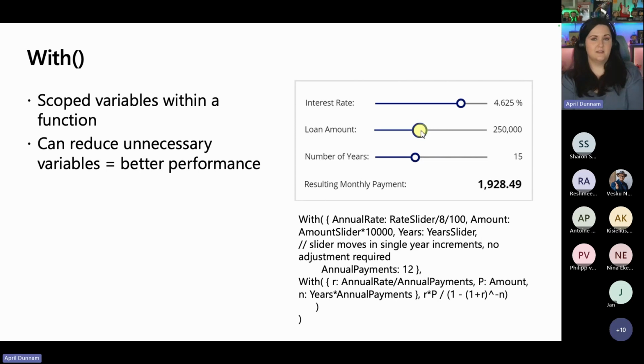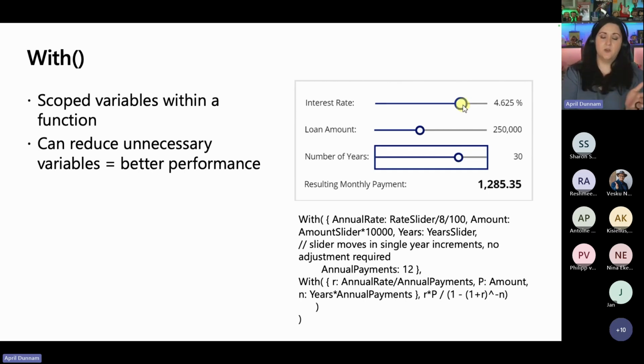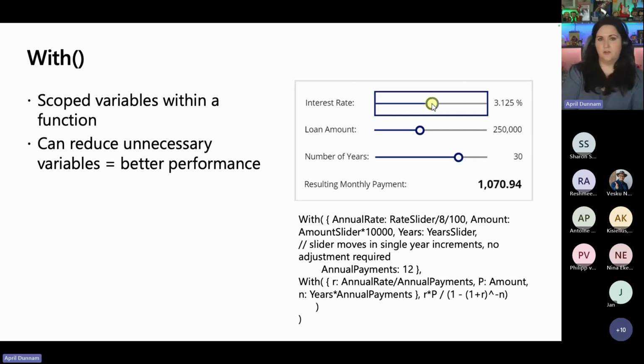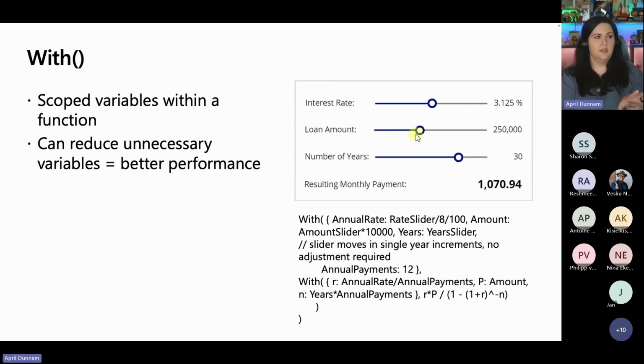And if it does exist, well, then we want to go patch something. Or if it doesn't, maybe we want to patch something else, right? That could result in multiple lookups to our data source for that one thing. So what With does is it helps us to scope variables within a function. This really reduces unnecessary variables and calls that we might have, which equals better performance.